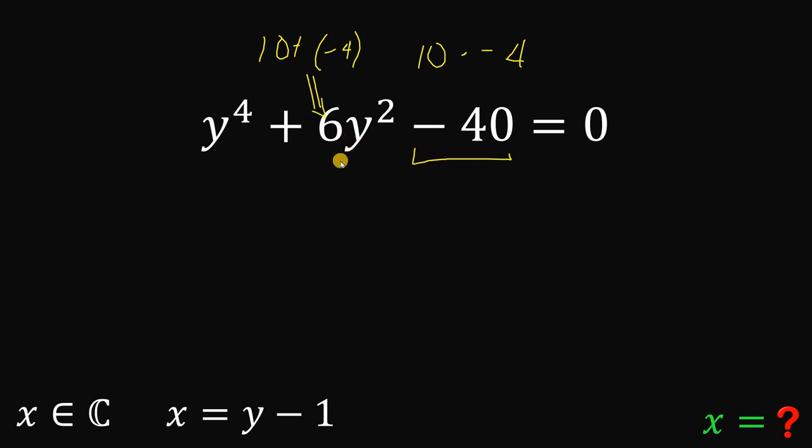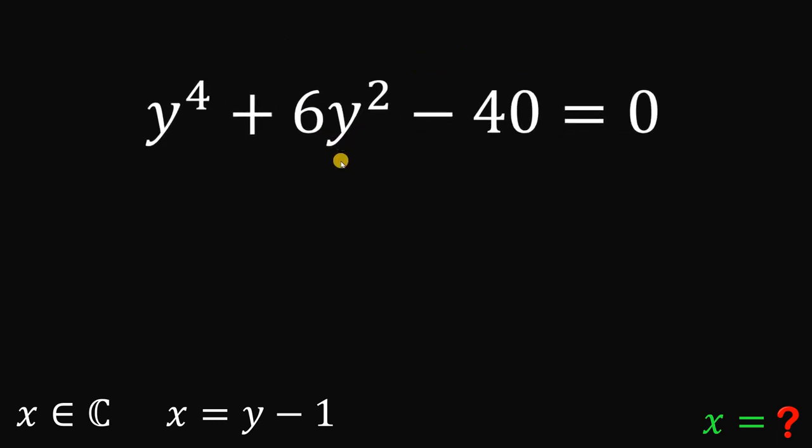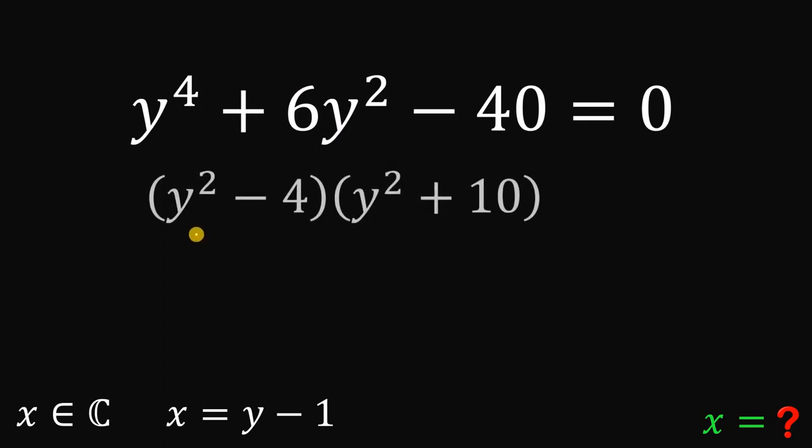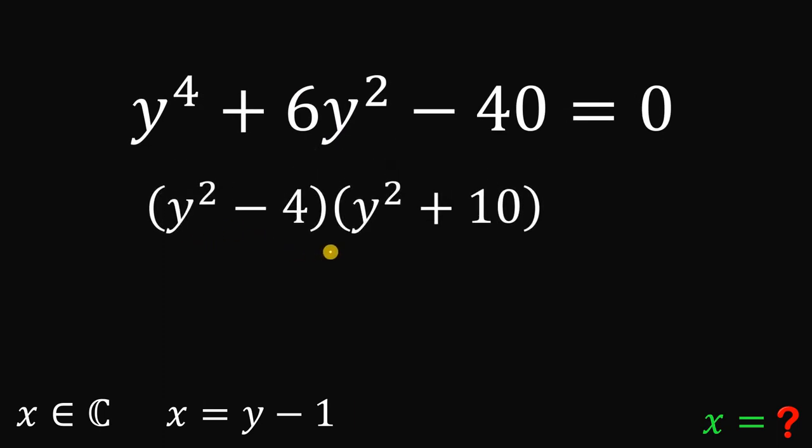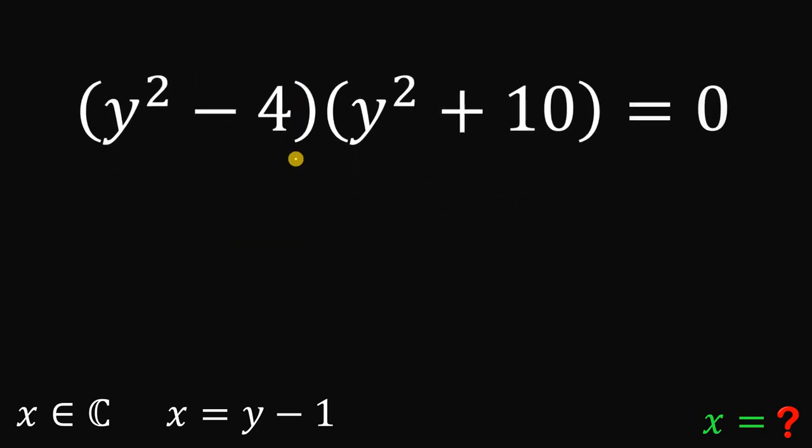So we can factor this as y squared minus 4 times y squared plus 10, because positive 10 times negative 4 gives us negative 40, and 10 plus negative 4 gives us positive 6. So we can replace this with its factored form.